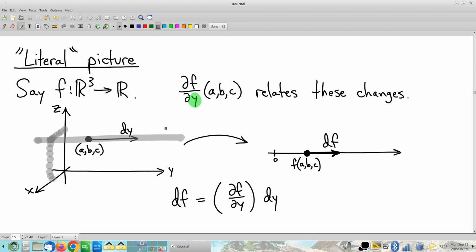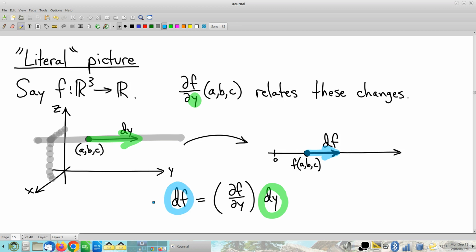Right? And okay, well, as we move along that line, we can talk about how much we move in the domain. Input change along that line will be some differential. Let's call it dy, because y is the thing that's changing. And as input points move, so do outputs, right? The output then will change by some amount.